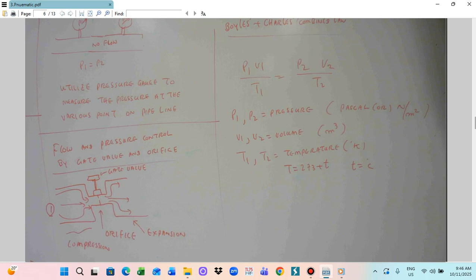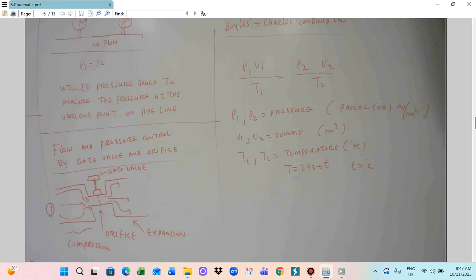V1 and V2 are the volume, measured in meter cube. T1 and T2 are the temperature, in degrees Kelvin. In this case, T Kelvin is equal to 273 plus T, where T means degrees C. So those are the equations to utilize Boyle's and Charles's laws.